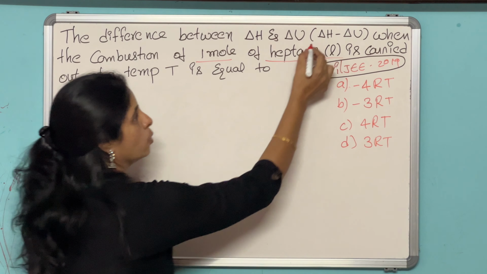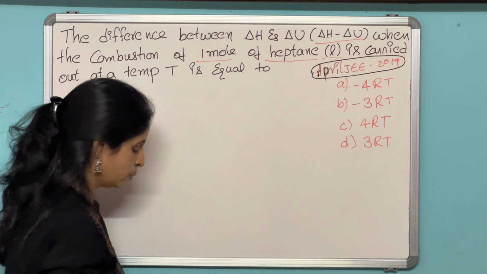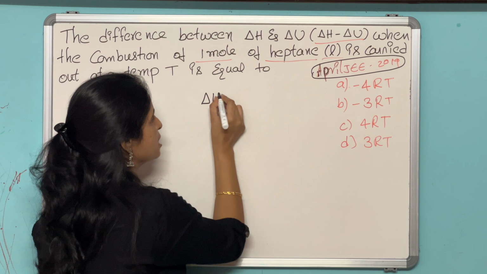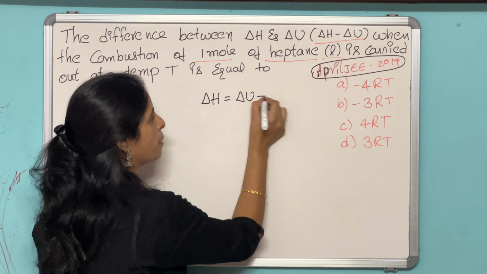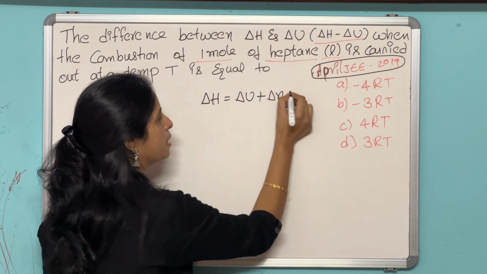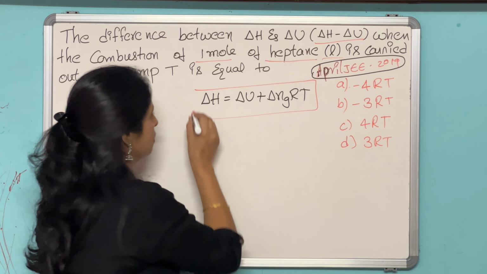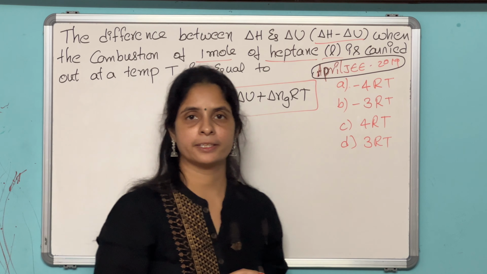By looking at this, you have to remember the relation: delta H is equal to delta U plus delta Ng RT. This should come to your mind.